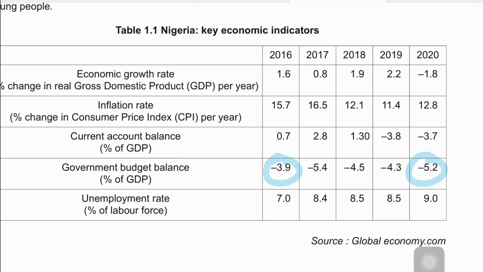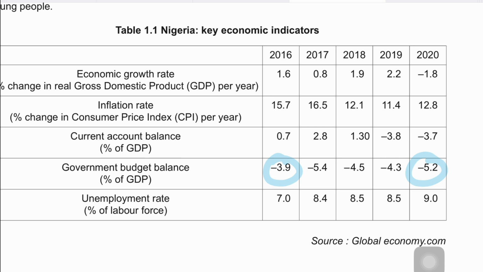If you do not mention the values, that's okay. The examiner is not concerned with the values. Obviously the examiner can see for himself that it's 3.9% in 2016 and 5.2% in 2020. So the values are not important. The nature of how the deficit has changed is important, whether it has gone up or down. Here the examiner is concerned whether the student knows how to analyze whether it has increased or decreased, right?